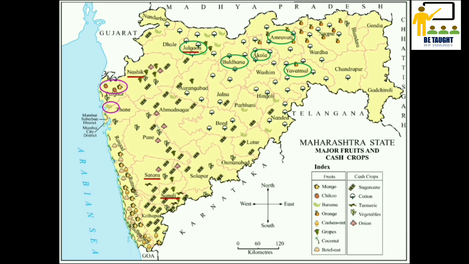Nagpur, Wardha, Amravati, etc. Name any 3 districts growing onions on a large scale. Nasik, Pune, Ahmednagar, etc.